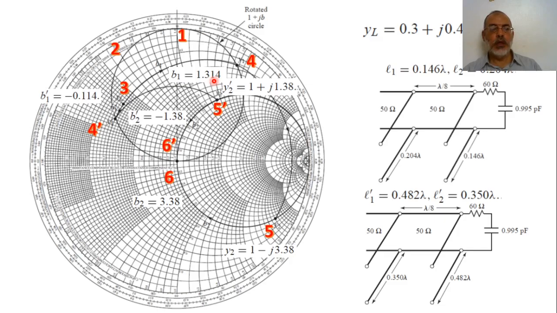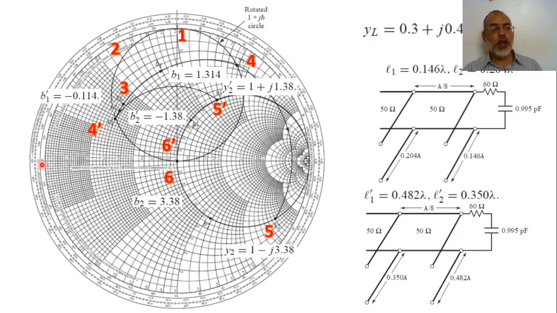To design an open circuit stub with a susceptance equal 1.314, which is in the positive side, note that an open circuit has a susceptance that starts with 0, because the susceptance is 1 over the impedance, and the impedance of the open circuit is infinity, so the susceptance of open circuit starts from 0.